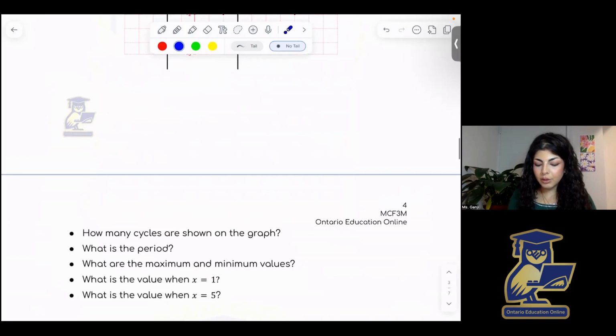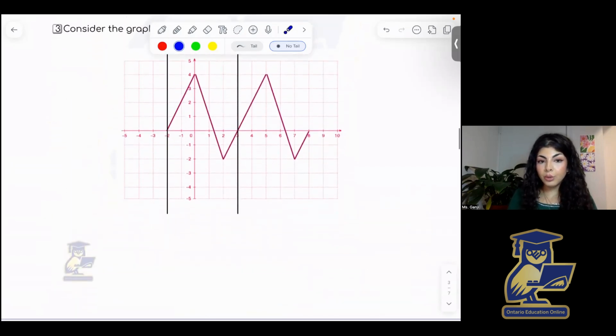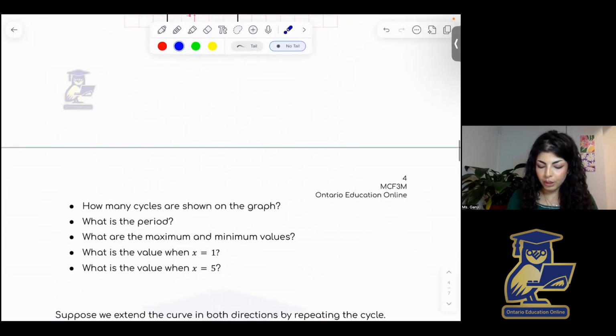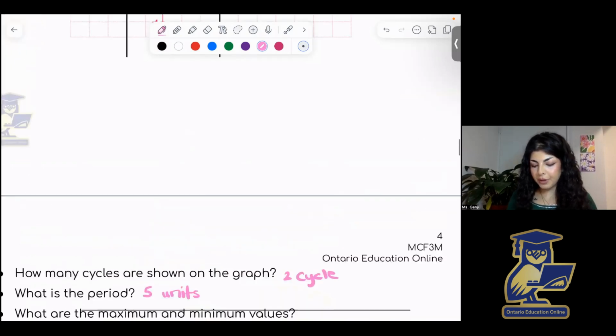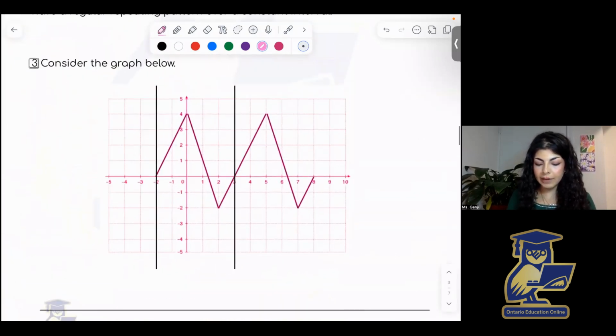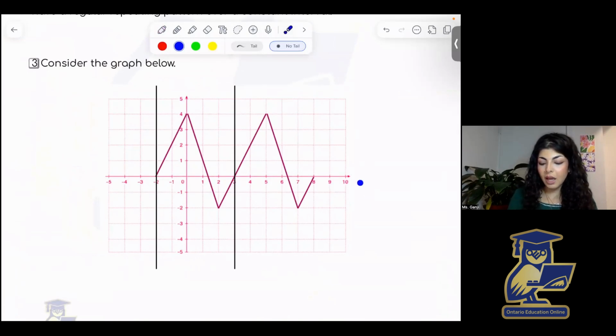So how many cycles are shown on this graph? The two that are drawn for us are this cycle and this cycle. So only 2 cycles here. And what is the period? I already mentioned 5 units in this case. The reason for that is we aren't given any context for this graph, and we don't necessarily have labels to know if this is time and what the units are.